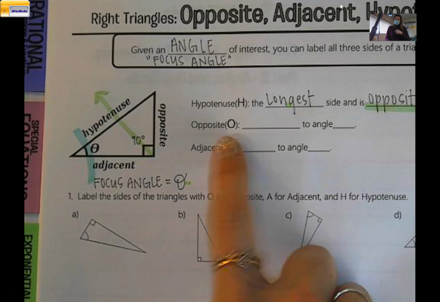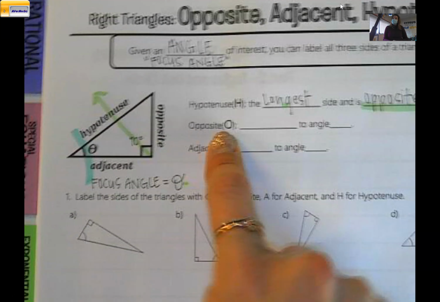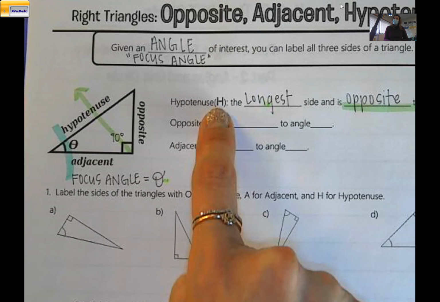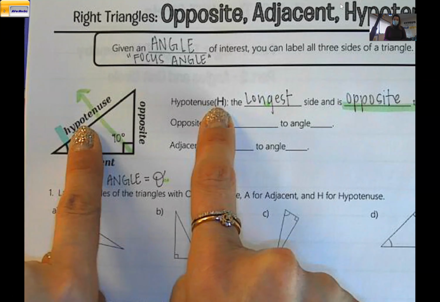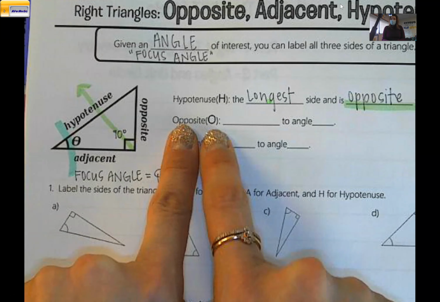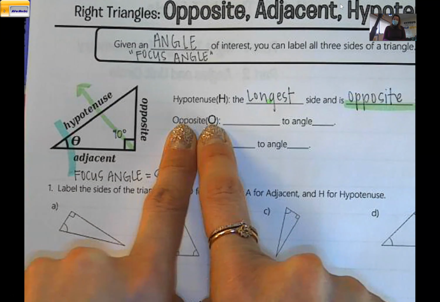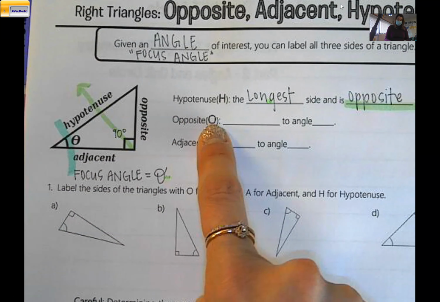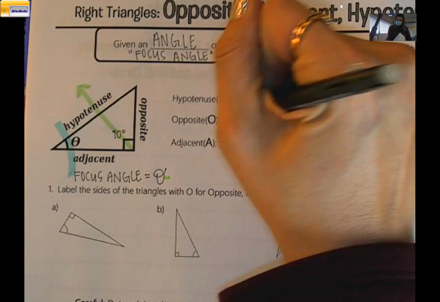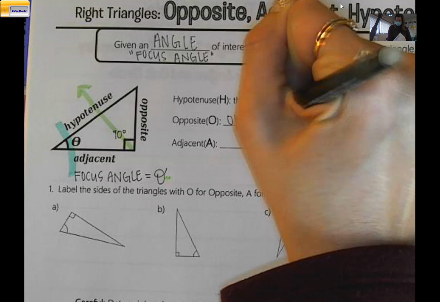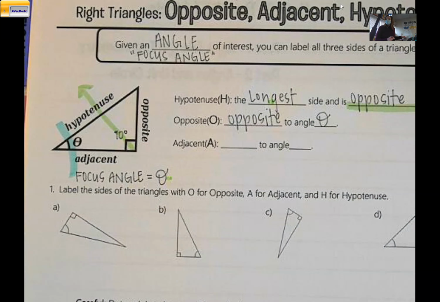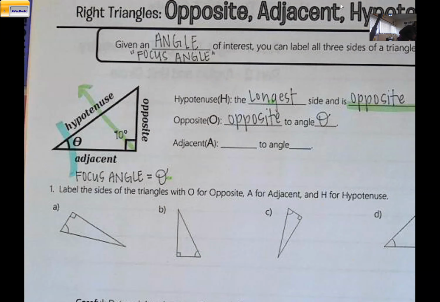The hypotenuse always has the name H. The opposite side has the name O, and it is opposite to angle theta, or opposite of angle theta.